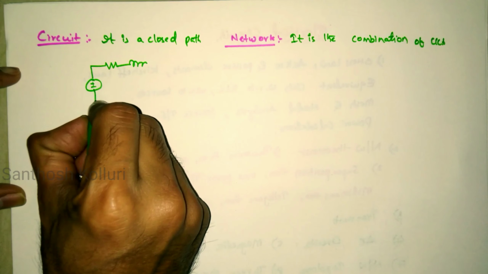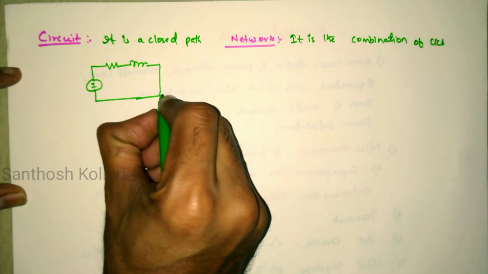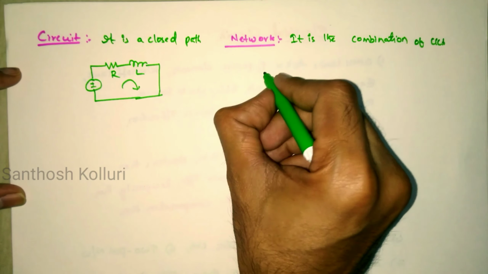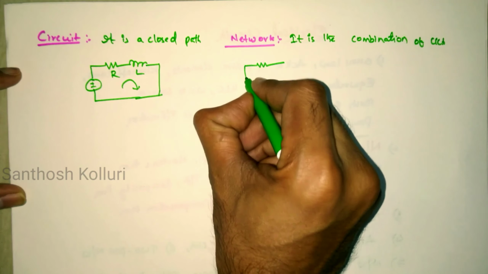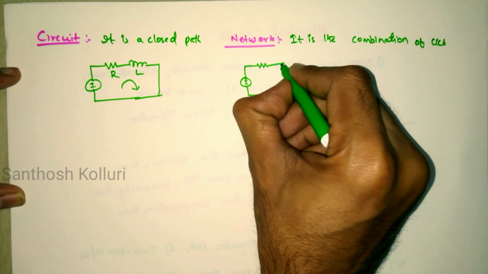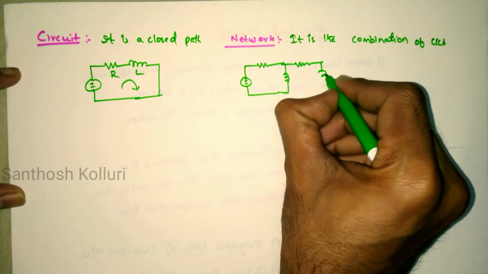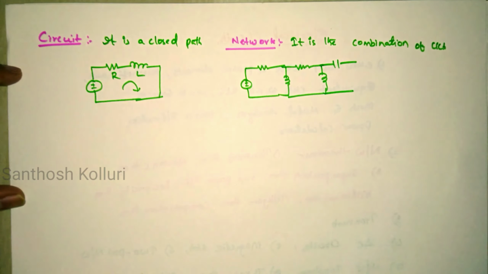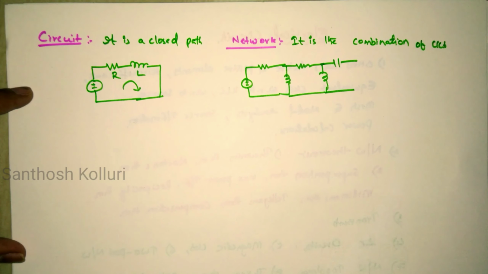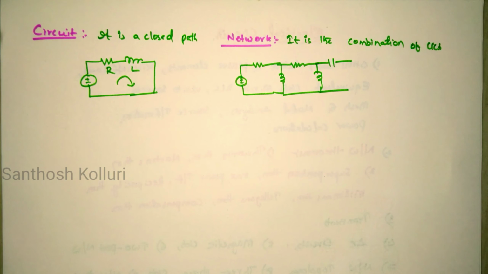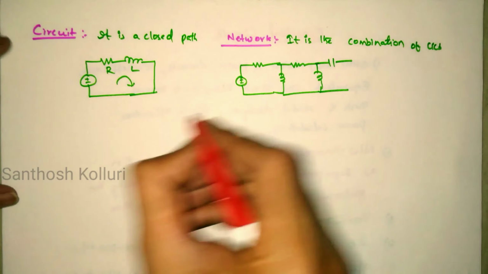I am just taking a DC source and one simple RL circuit here. It is called a circuit, whereas a network is a combination of circuits. So this is one circuit and another circuit, and a combination of all the closed paths is called a network. This is the difference between a circuit and a network.